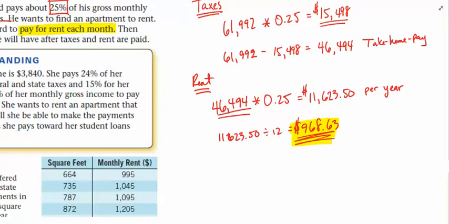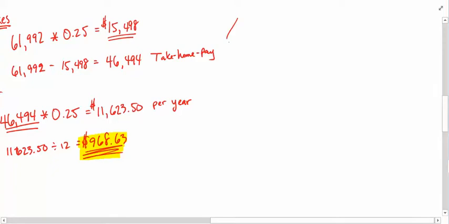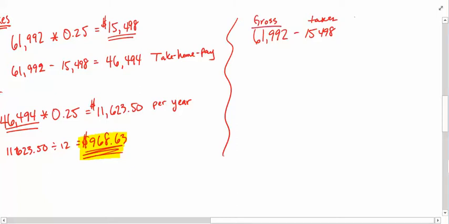As far as how much money he has left over after taxes and rent are paid, well, each year he earns $61,992 at his job. He has to pay $15,498 in taxes. So let me label this stuff here. This is gross pay, the amount of pay that you earn before taxes are taken out.